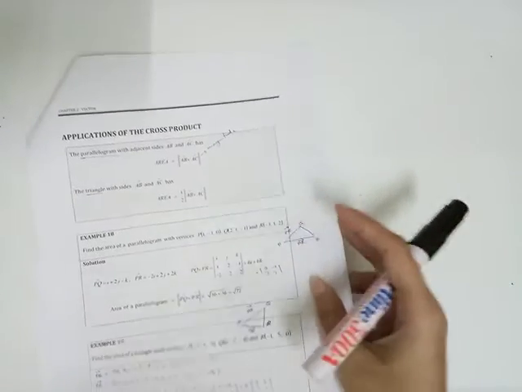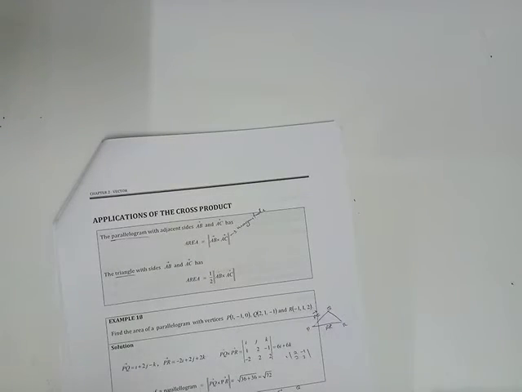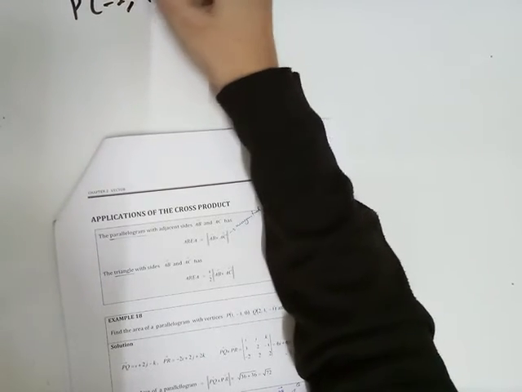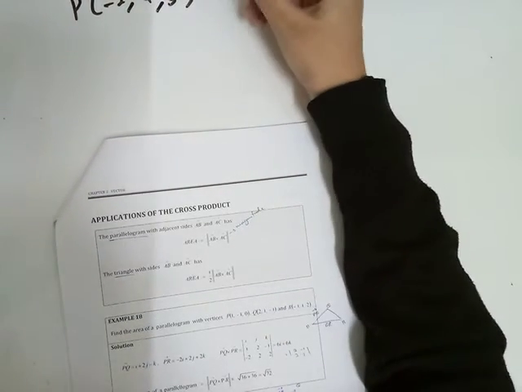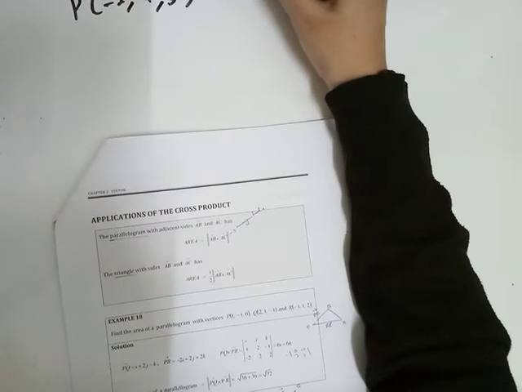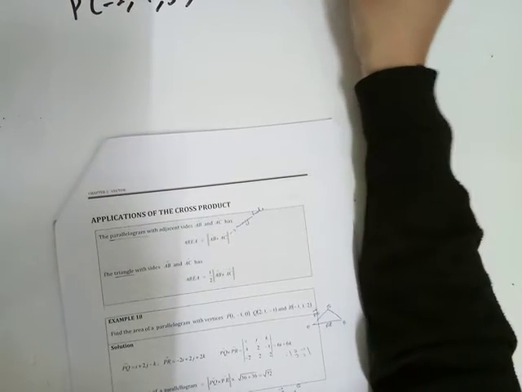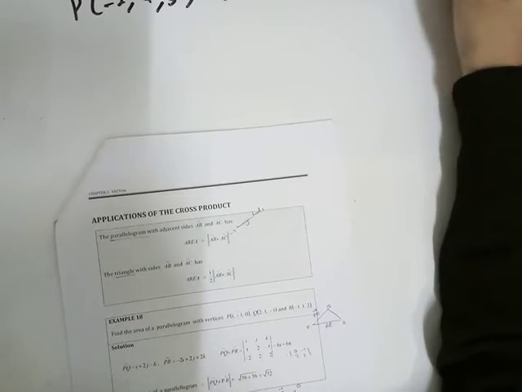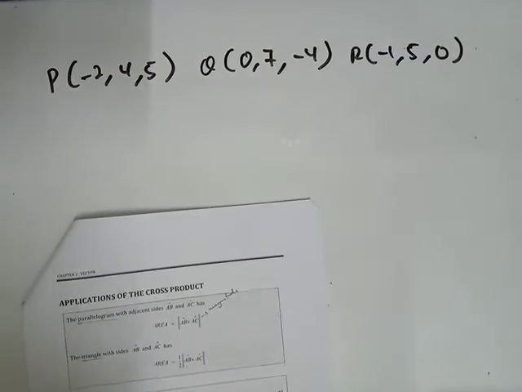So example 19 tu, find the area of triangle with the point P. P is negative 2, 4, 5. Q is 0, 7, negative 4. And then R is negative 1, 5, 0. Okay, sorry.